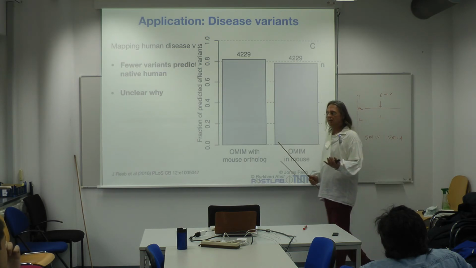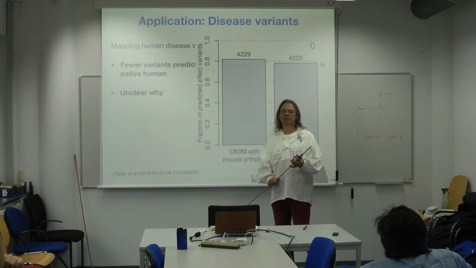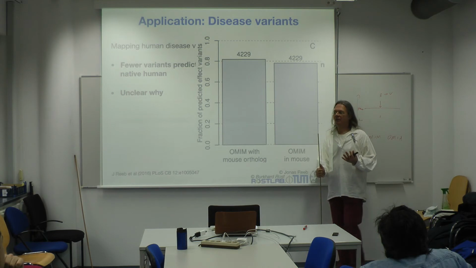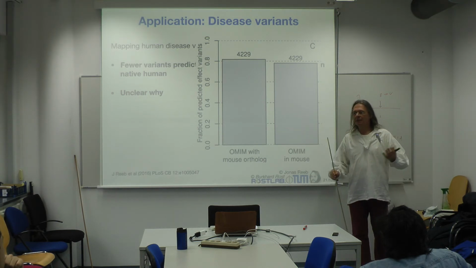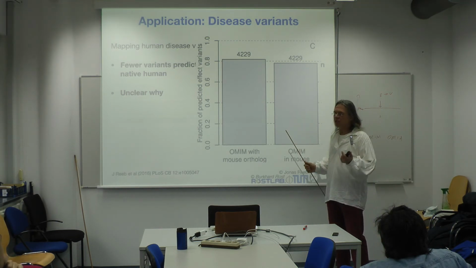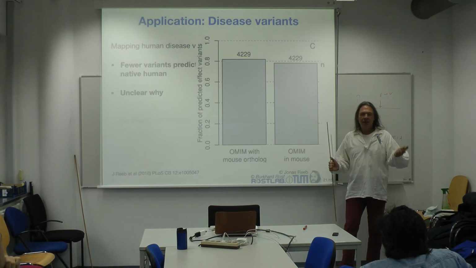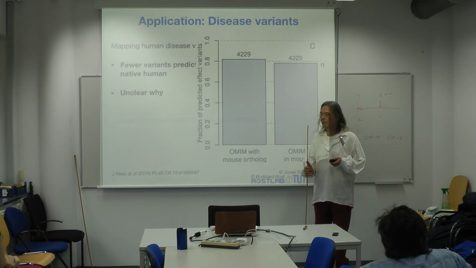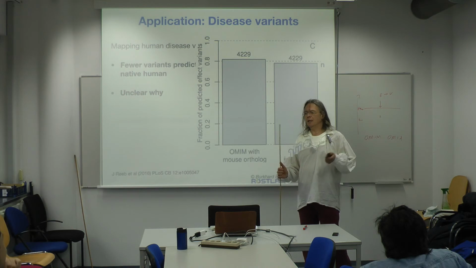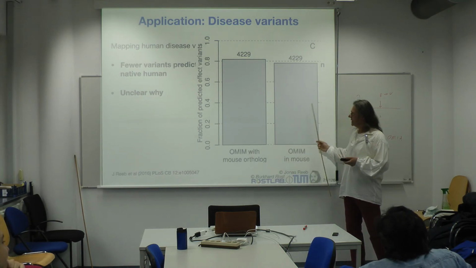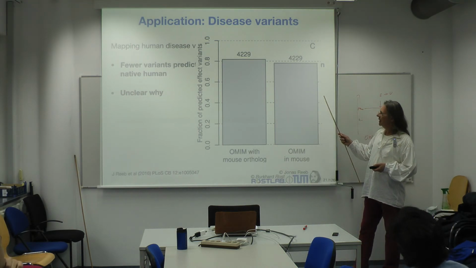Yes, it's similar. Mouse looks much more similar to us than a fly. It's a mammal, and it's much easier to do experiments with mice than with people, and certainly also easier than with pigs or something like that.